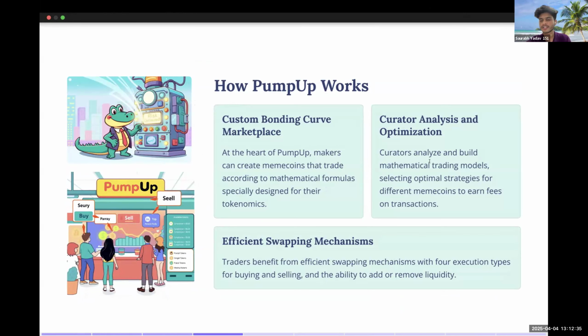Traders can benefit from an efficient swapping mechanism with multiple execution types, including exact input and output for buying and selling, and they can also add and remove liquidity from the curve.